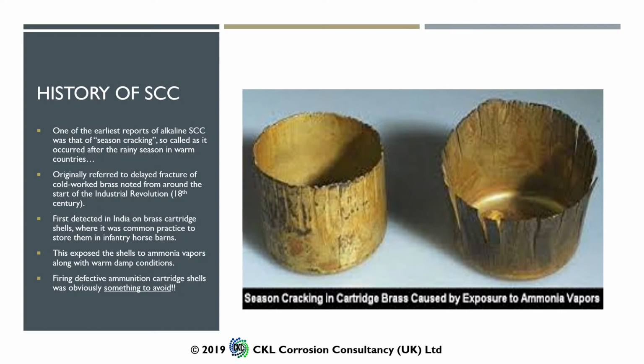Now, the brass contains copper, and we now know today that copper alloys can be susceptible to ammonia stress corrosion cracking. This was very alarming, as you can imagine. We don't want to be firing defective ammunition cartridges because the consequences could be severe. So this was something we needed to understand and get to the bottom of.